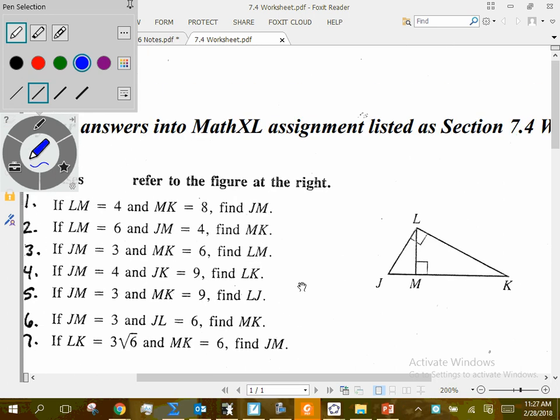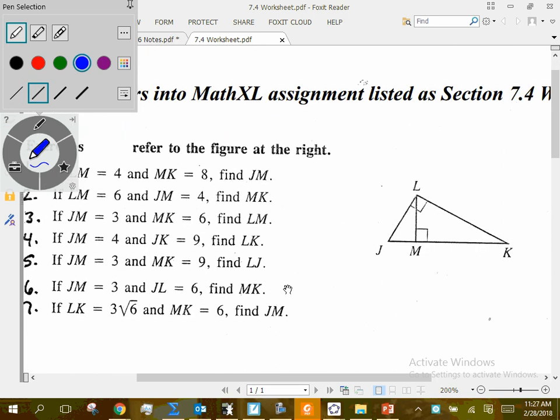Number 6, JM is 3, JL is 6, find MK. Okay, so let MK be X. So, which one's the geometric mean of the parts that they provided? 6. Okay, because that's the leg, right?